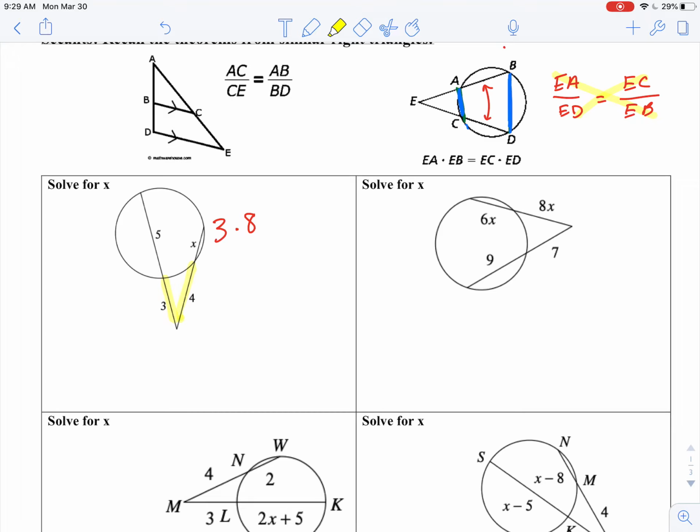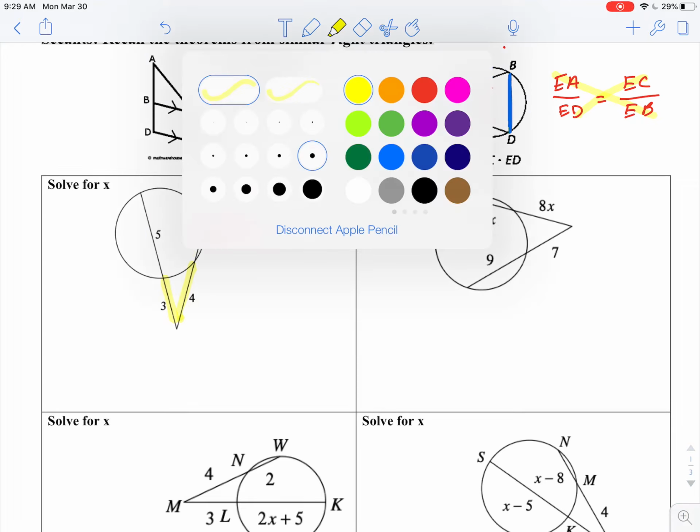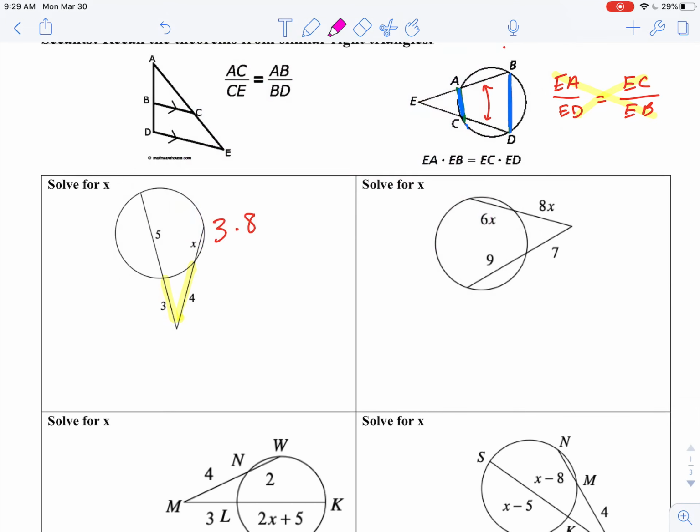What I'm going to be doing is taking the part outside the circle here, and multiplying that by the whole secant. So I've got 3 for the part outside. Now what's the whole secant here if I have 3 and 5? Well, 3 plus 5 gets me 8. So the secant on the left is going to be 3 times 8.